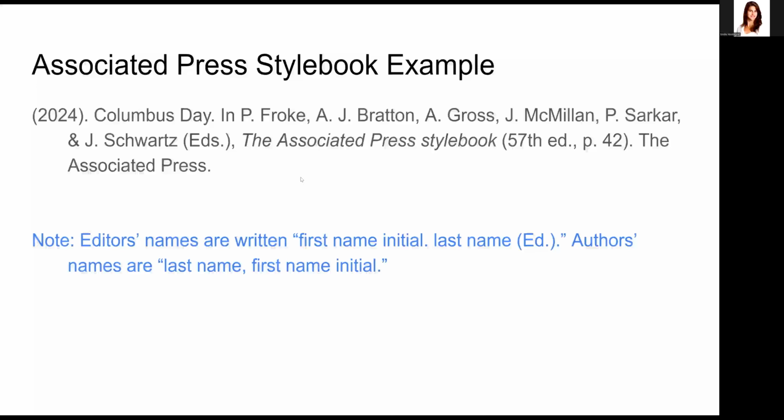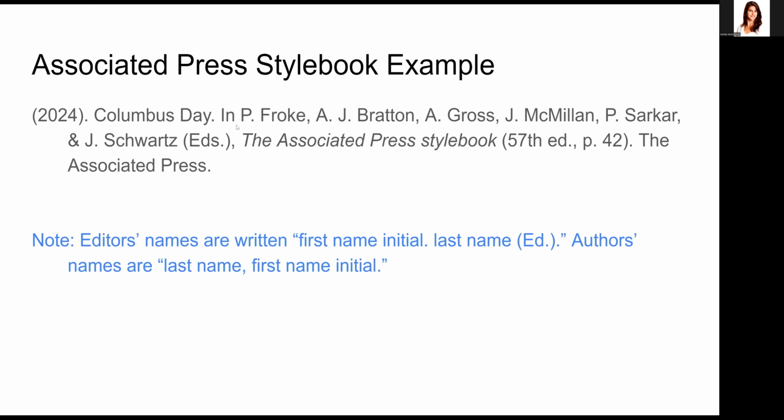So altogether, we would start with the year since we don't have a specific chapter author. So we start with 2024. Then the title of our section is Columbus Day. It is not italicized because in this instance, the title of the book would be italicized. And after the section title, we have the editor's information.